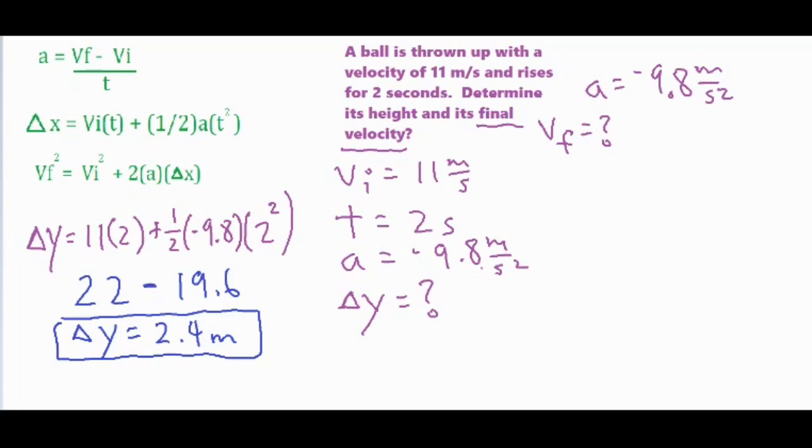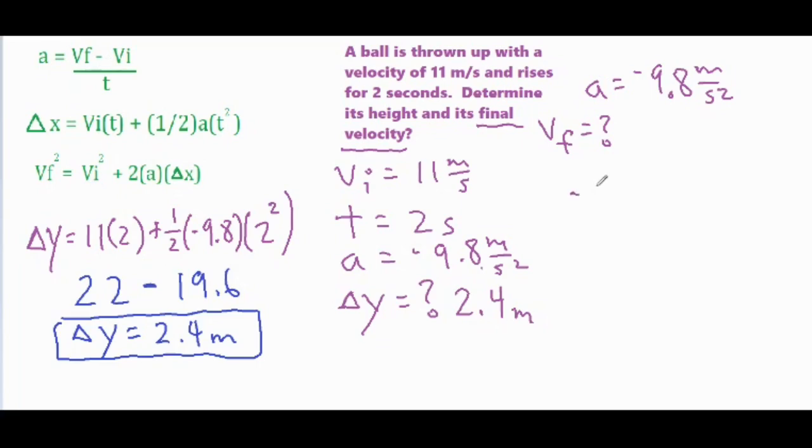All right, now from there, I can go ahead and add that to my list of things and put down that 2.4 meters. And then when I go to my final question, looking for the VF, I have every variable I could possibly need. So as long as the formula has a VF in it, I'm able to use it. So I could use the first one or I could use the third one. It really wouldn't matter that much. So let me go ahead and use the first one because we haven't used that one in this video yet.